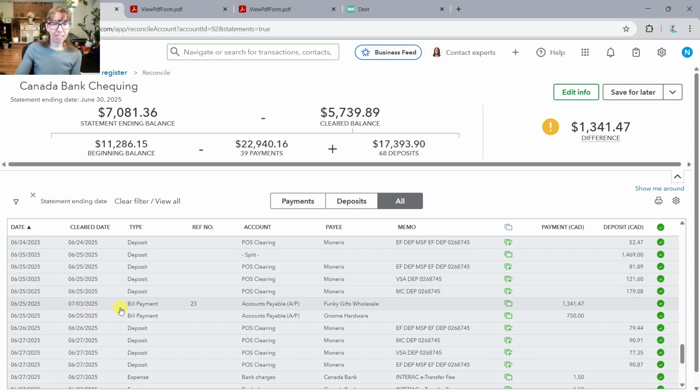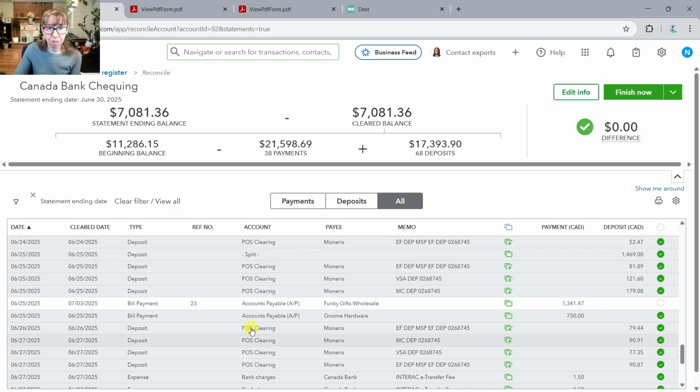Because technically what QBO does when we open up the reconciliation is it will show us all of the transactions dated June 30th or before, and it's usually smart enough to only click off things that have cleared June 30th or before. And in this case, it had a little bit of a brain fart and didn't unclick it. That doesn't happen very often, but it happens.